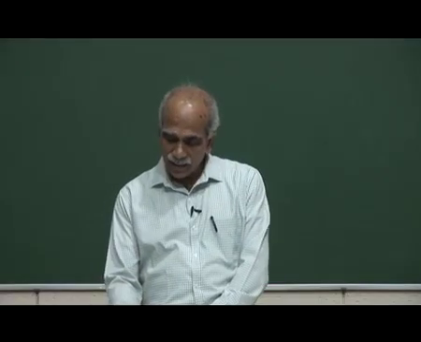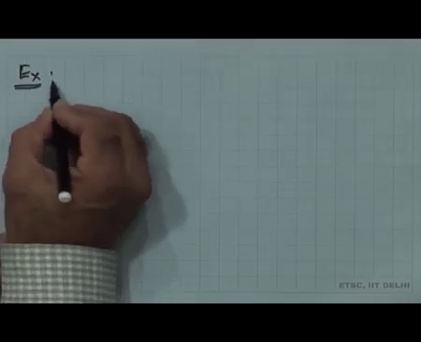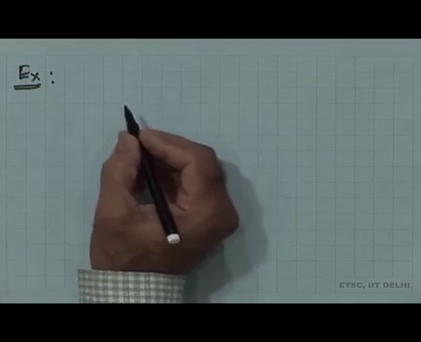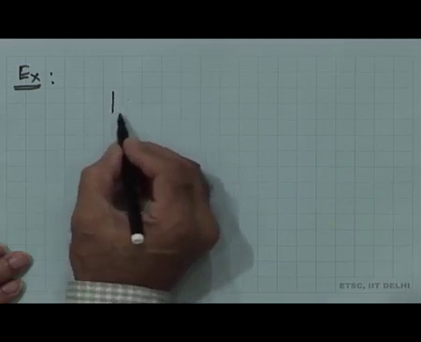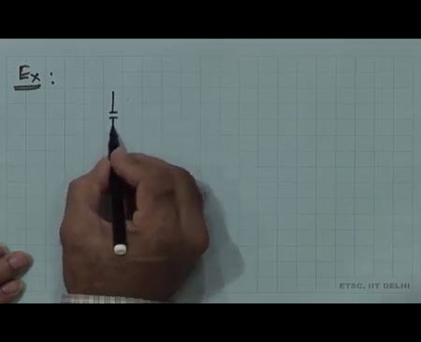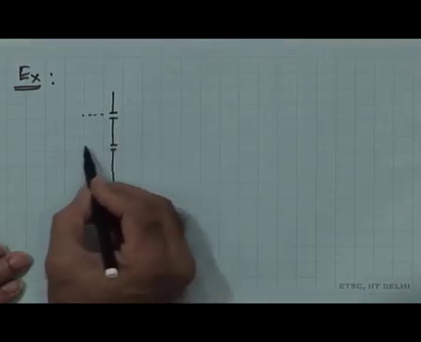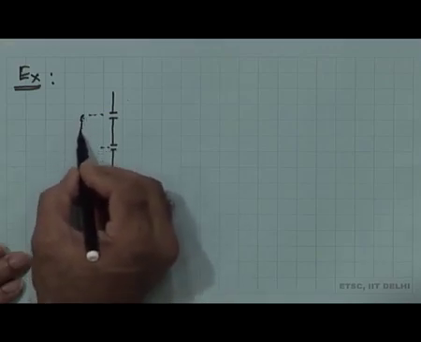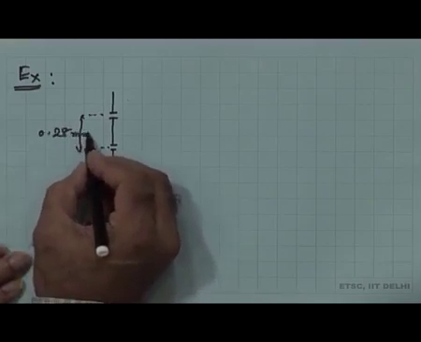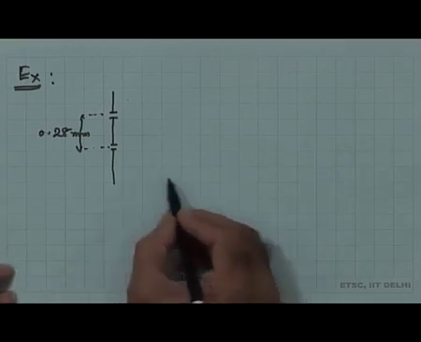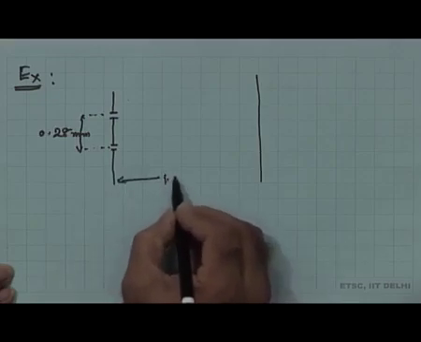So, here is the example or exercise. In a Young's double slit experiment, we have this arrangement. The slits here are separated by 0.28 millimeters, and the screen is placed at a separation of 1.4 meters.